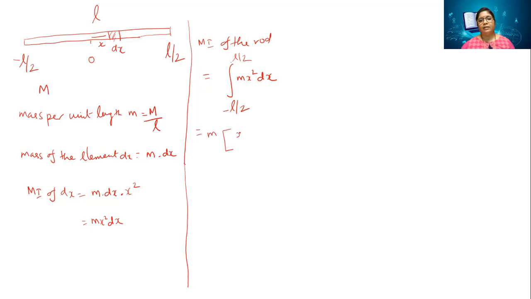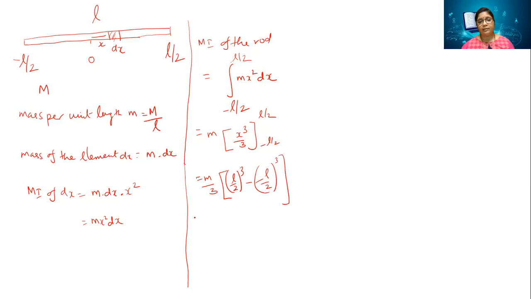So you will have x cubed by 3 within limits minus L by 2 to plus L by 2. I can write here m by 3, bringing the 3 outside, L by 2 the whole cube minus minus L by 2 the whole cube.